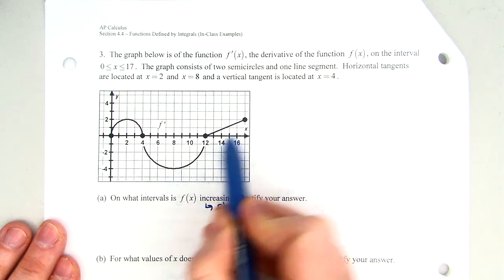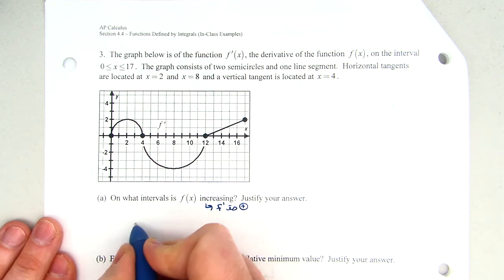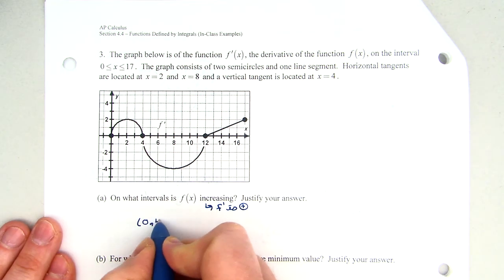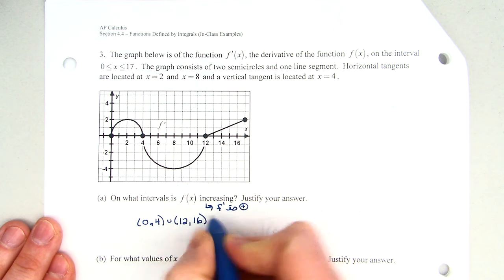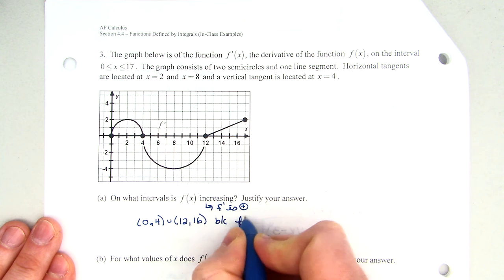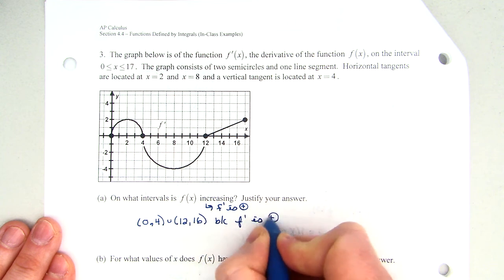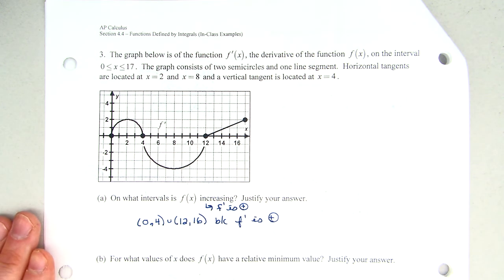But this is already the graph of f prime, so you're just going to tell me between 0 and 4 and between 12 and 16. Why? Because f prime is positive. There's nothing new on page 4 at all. How about you take a moment and see what you can do in B, C, and D.